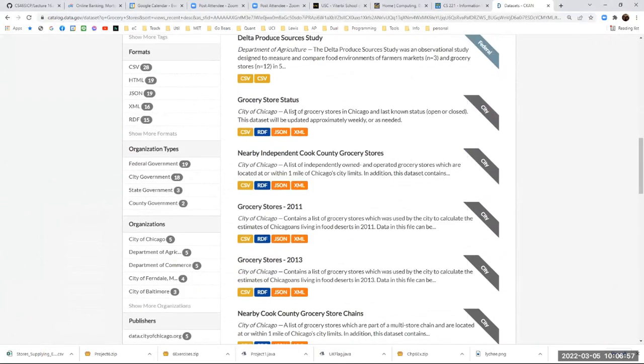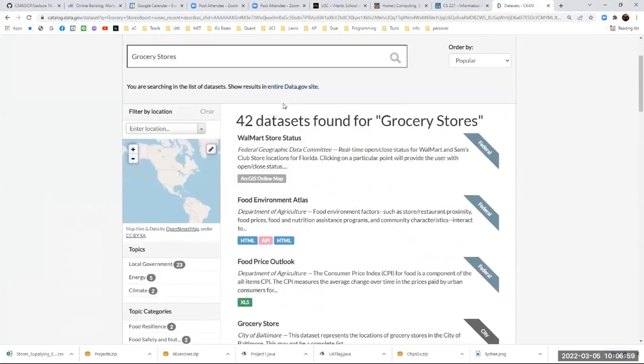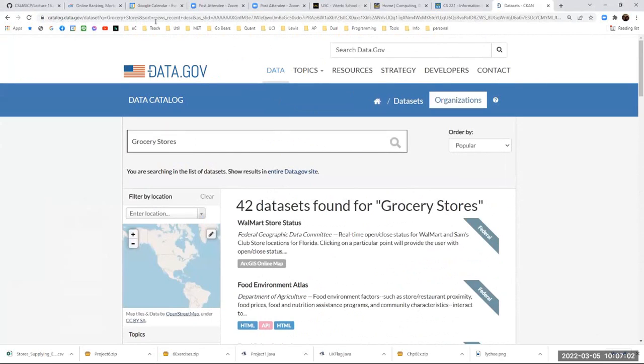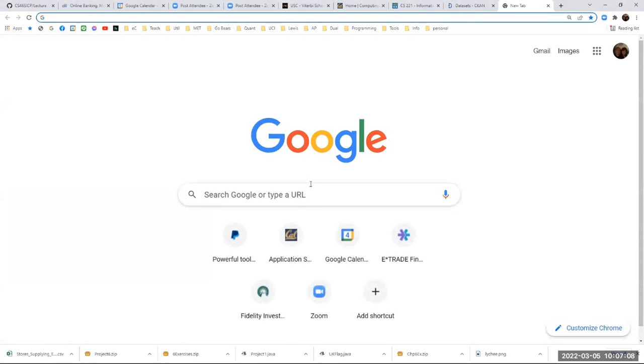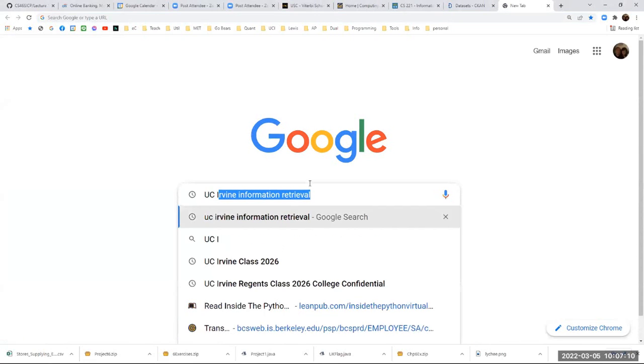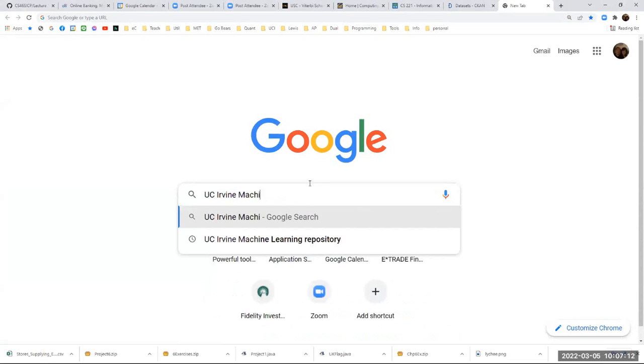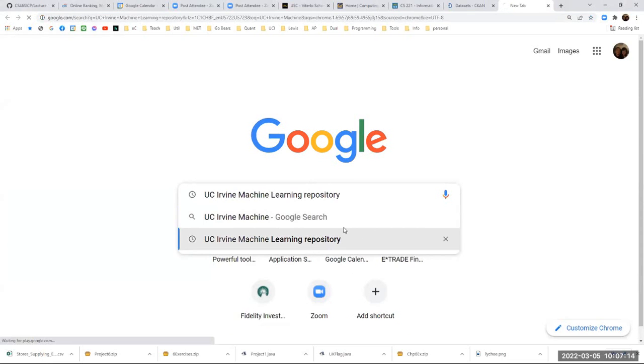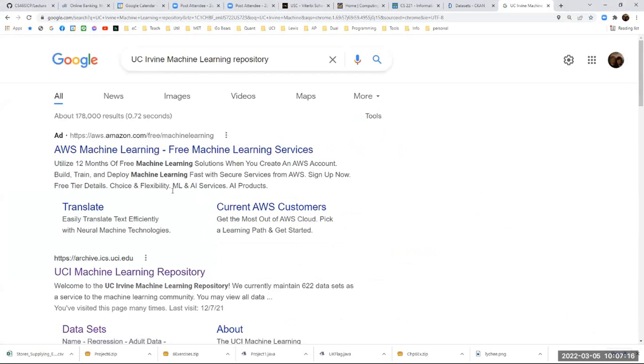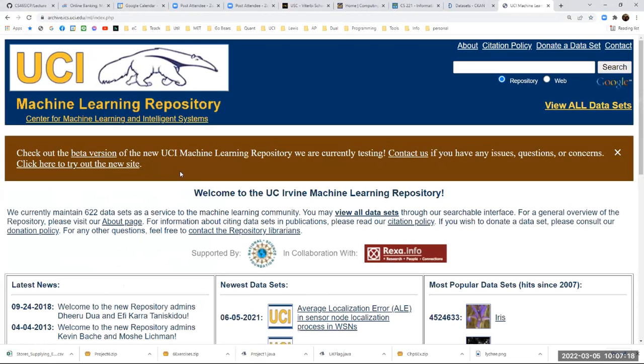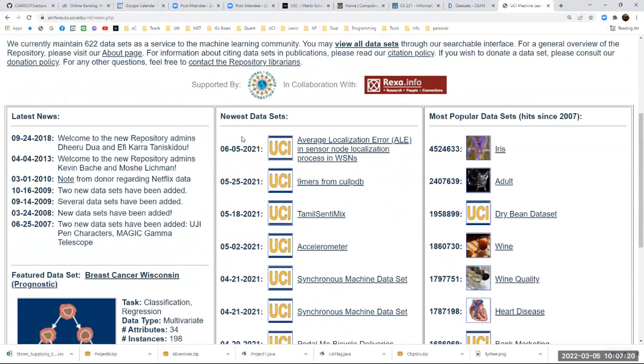Here in data.gov, they give you all kinds of data. It's one of the largest data organizations. Another location is the UC Irvine Machine Learning Repository. This one is the largest one for universities for machine learning.